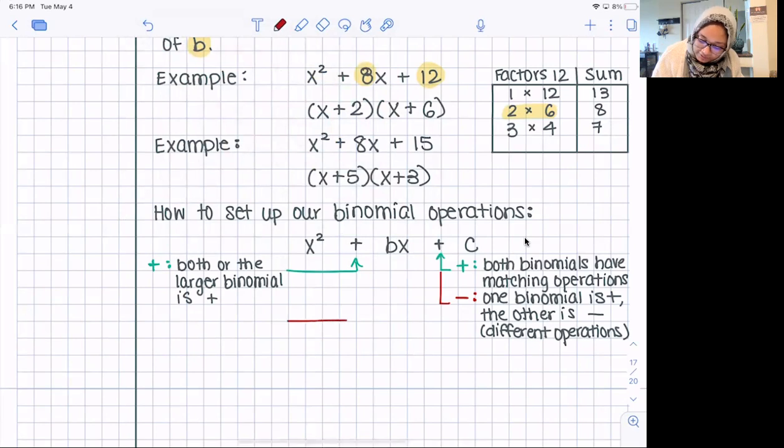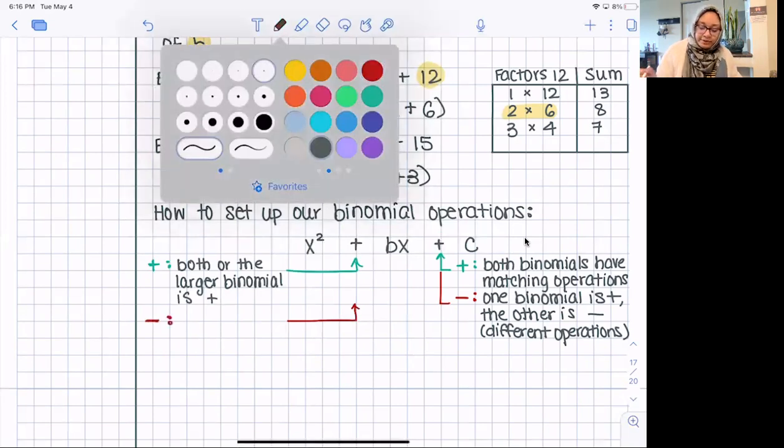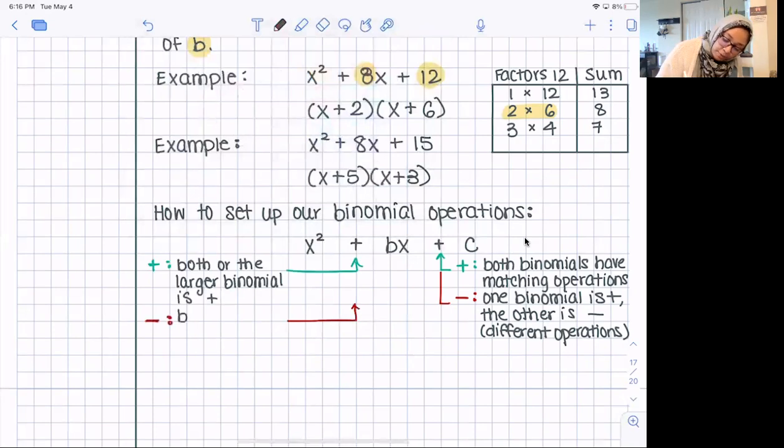All right. You also have the option of this being a negative sign, a minus sign. Okay. So if you have a subtraction symbol here, that means both or the larger binomial is subtracting.